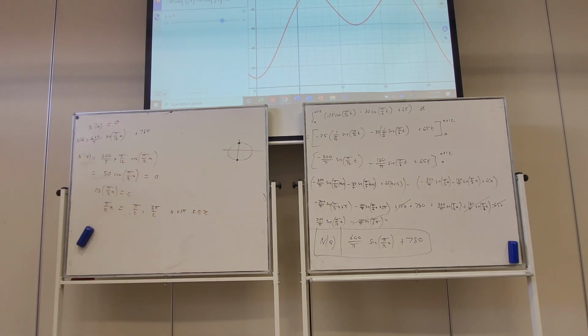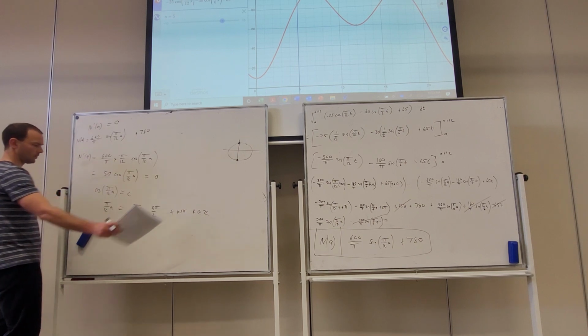Just saying that there's multiple solutions to consider. Do we have to change the domain at all? No, because there's no horizontal shift. Yeah, I think here we're saying there's multiple solutions.